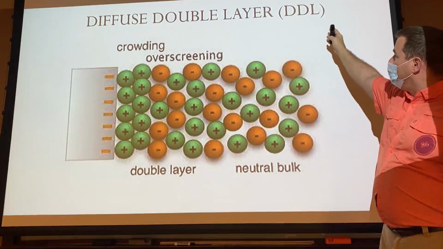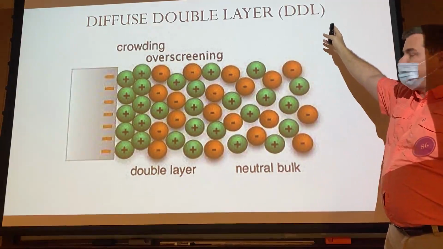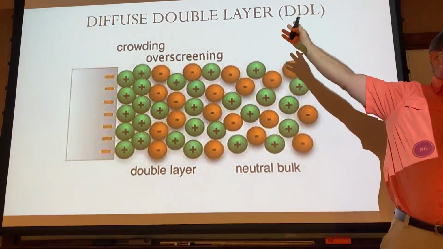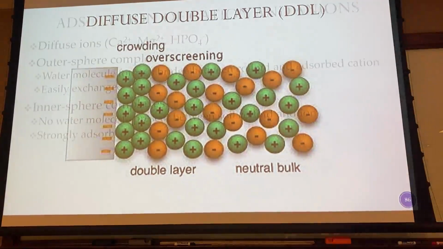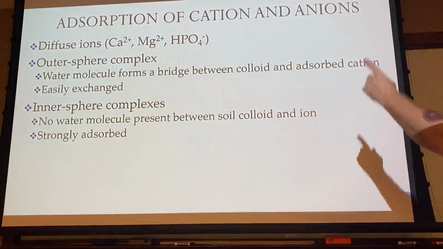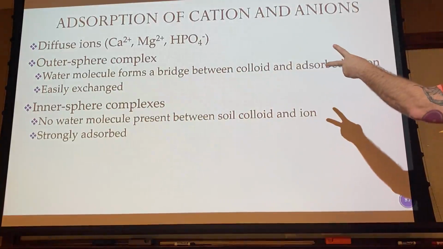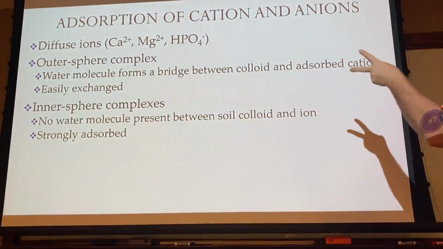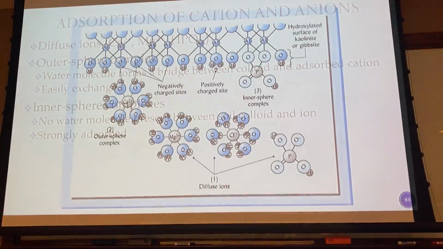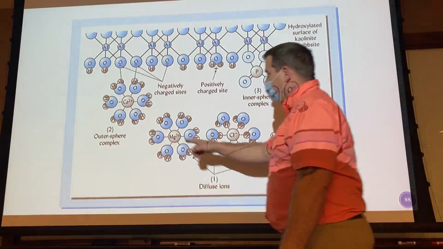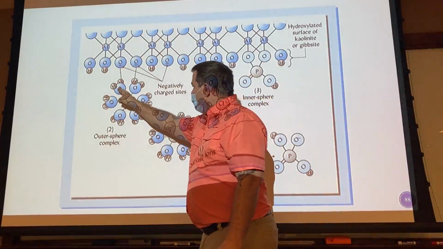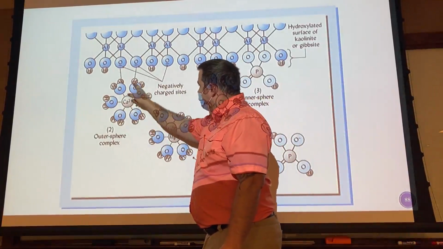So when you look in your notes again, you'll see me refer to it as the DDL, the diffuse double layer. We talked about those cations, and we have 2 types of complexes, outer sphere and inner sphere. Here we have this calcium, and we have a water molecule attached to the calcium.